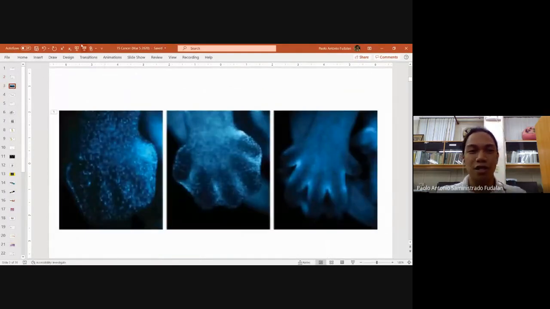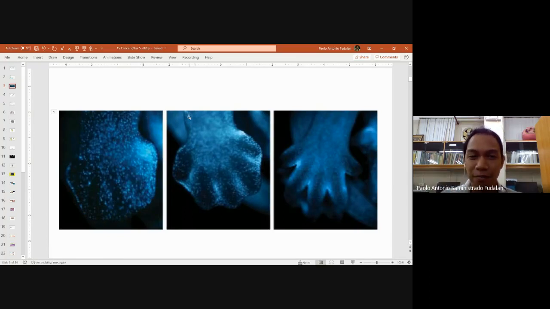What you see here is a series of pictures of the development of the front limbs, the limb bud of a vertebrate, probably a human being, because you see 5 fingers here. Notice in the beginning, it's just a bud, just a knob.